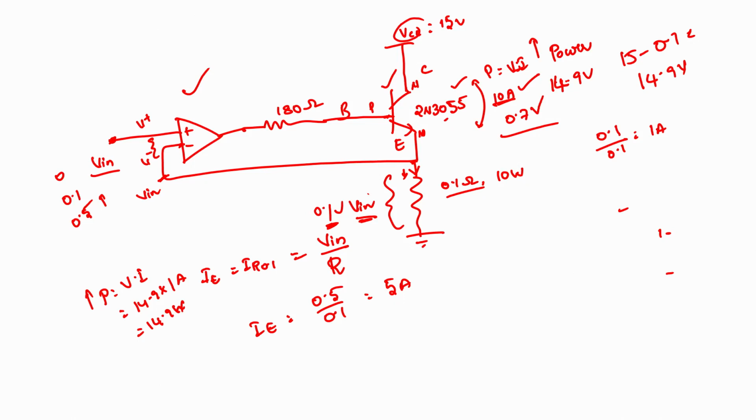So when we calculate the power at this point, the voltage drop across collector and emitter is 15 minus 0.5, which is 14.5. So the power is 14.5 into 5 amps, which is somewhere around 72.5 watts approximately, right.